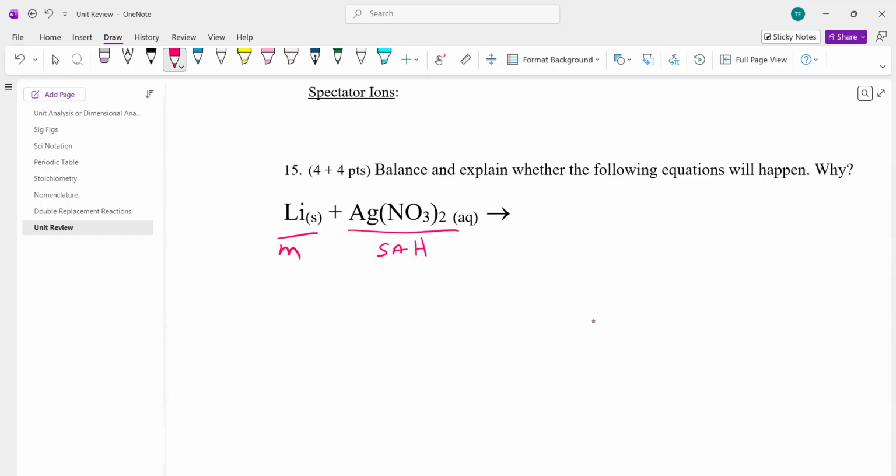So the question is, is that higher? Lithium, I know, is at the very top of this table, so everything is below it. So if you have lithium metal in there, it's going to go. So that means we've got silver by itself, with a zero superscript or s.